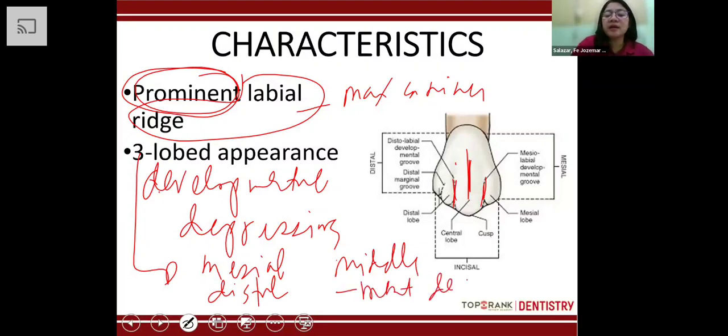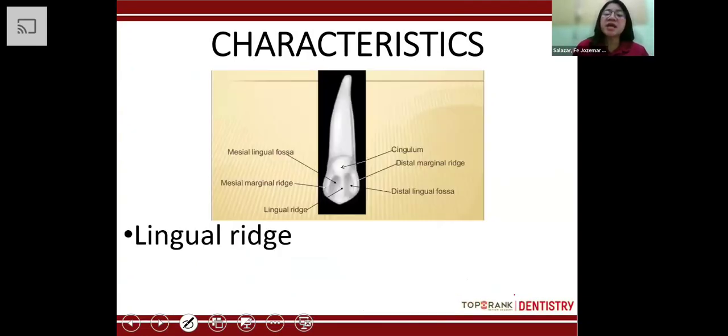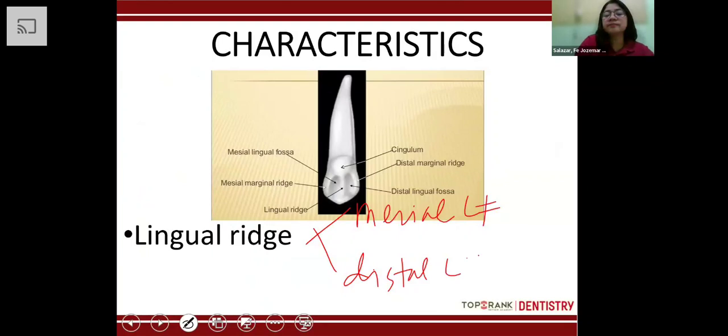Most developed, and it contains the cusp tip. Okay, lingual ridge. Again, it divides the lingual fossa into mesial lingual fossa and distal lingual fossa.